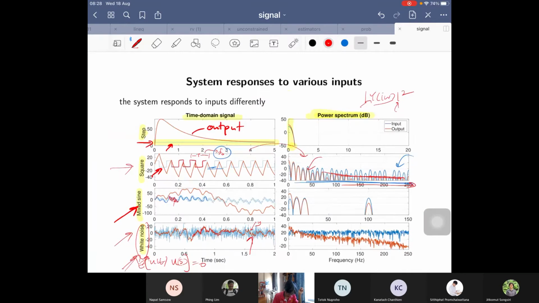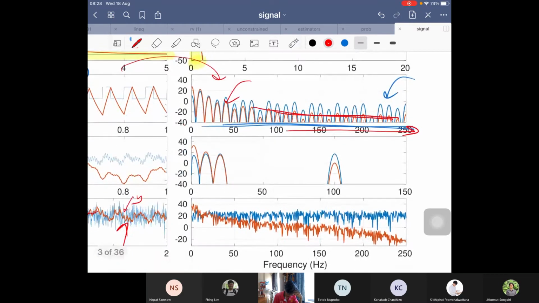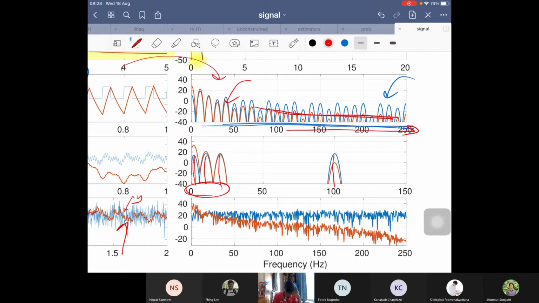For the mixed sine, I don't have the information in the slide about what those exact frequencies are. But if you look at this plot, it seems that I generated the signal of sinusoidal at these frequencies, at 100 hertz and somewhere around here, less than maybe 10 or 20 hertz.